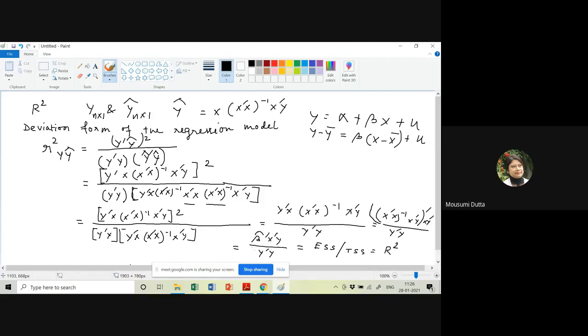So r square is the simple correlation between the observed value and the estimated value. So this is another definition of r square. So goodness of fit is the simple correlation between the observed values and the estimated values, y and y hat.